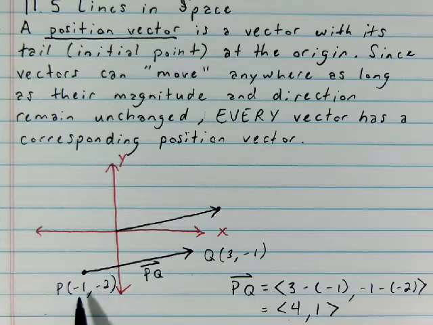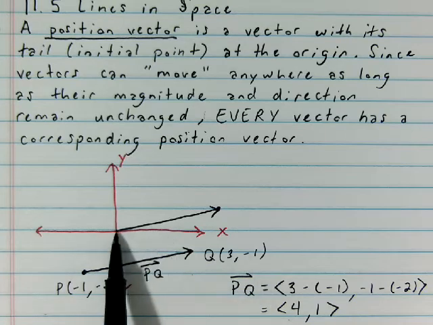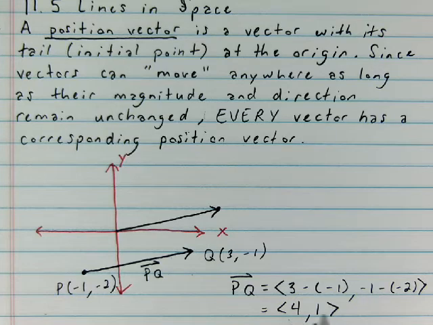So instead of defining it based upon these points, we define it as starting at the origin, and all we need is its endpoint. A position vector always starts at the origin, and what you see written out is the point where its tip lies. We're going to oftentimes use position vectors, so I just want to introduce that terminology, even though we already discussed the concept itself.